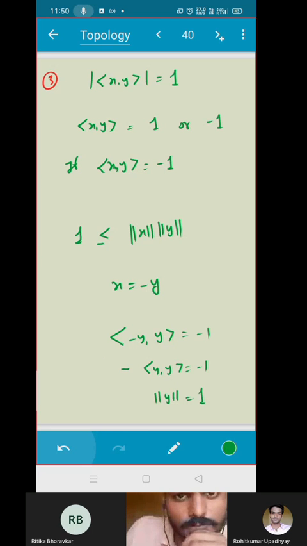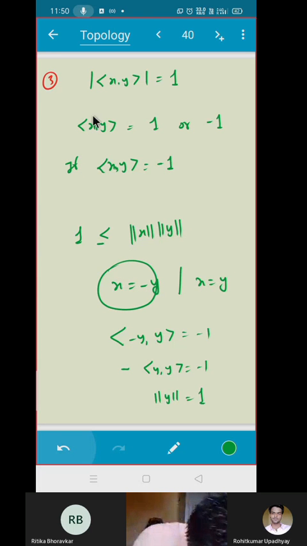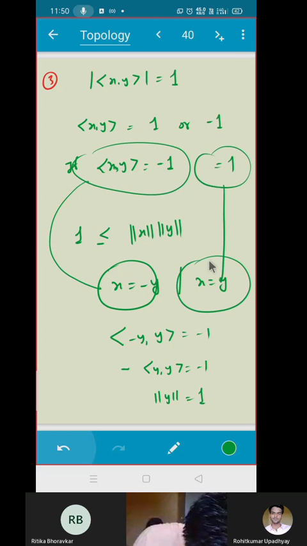Correct? Yes, sir. Okay. So can I conclude from that? That is, if the inner product of xy equal to 1, then either x is equal to -y or x equal to y. These are the two things. From this, I want to say either this, or if it is 1, then I would like to say this. Because if they are something like this, then I'm done actually.